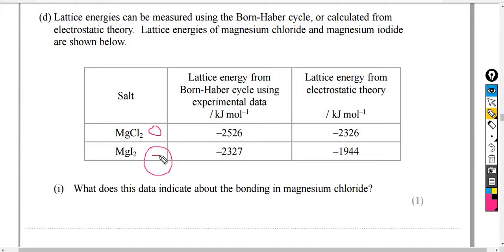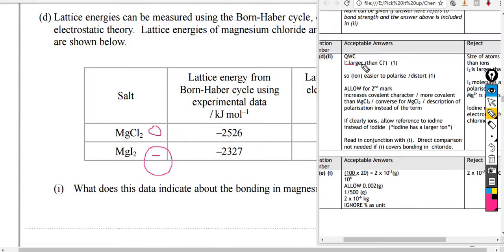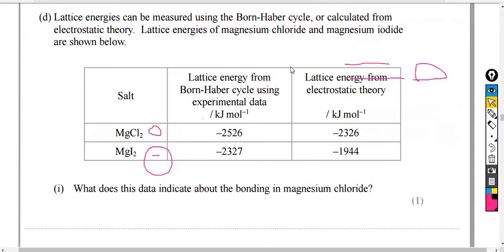Since it is larger, its electron cloud is easier to polarize or distort. Because the electron cloud is larger, it can be polarized more easily than a smaller cloud. So that is the reason.